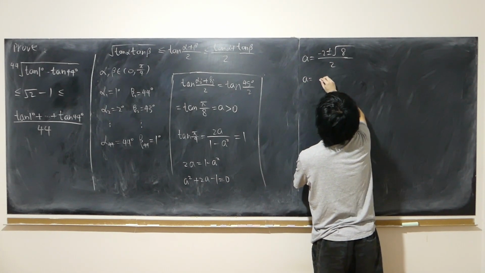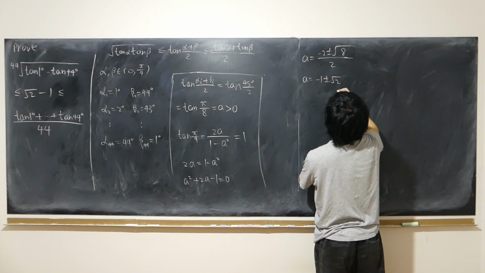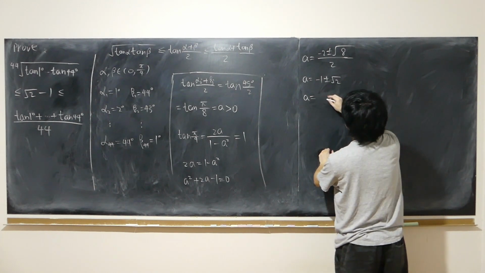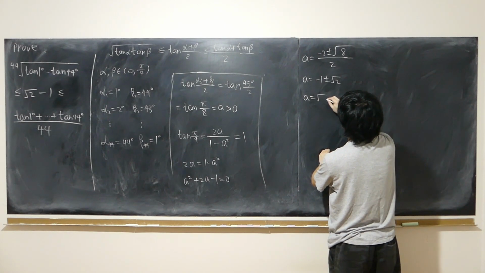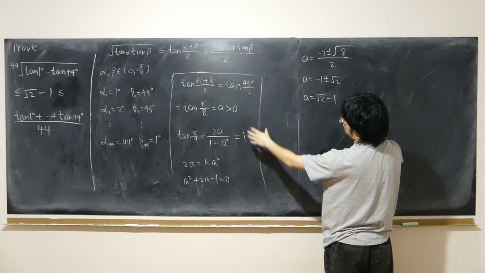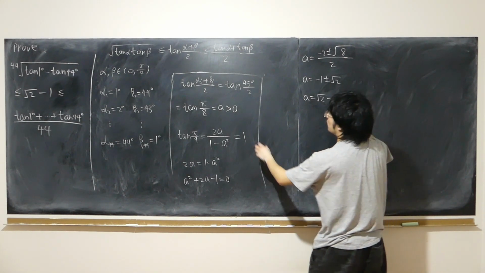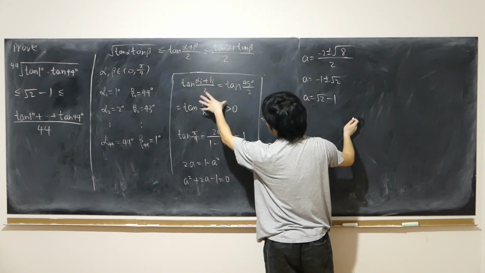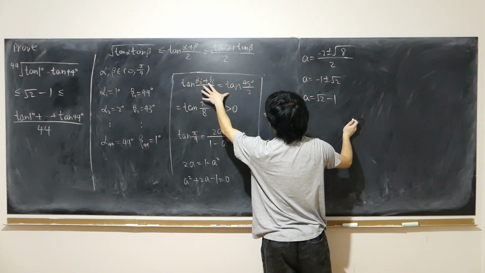In other words, a is equal to minus 1 plus or minus square root of 2. I'm going to rule out the negative root, so I'm only left with square root of 2 minus 1. Positive root, that's what I need. So here's my answer.